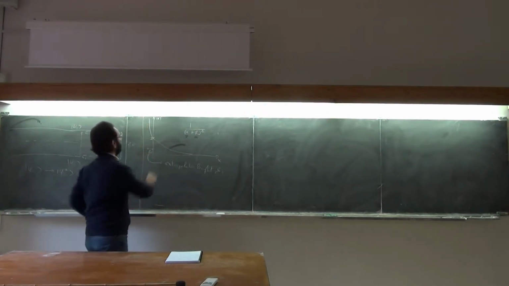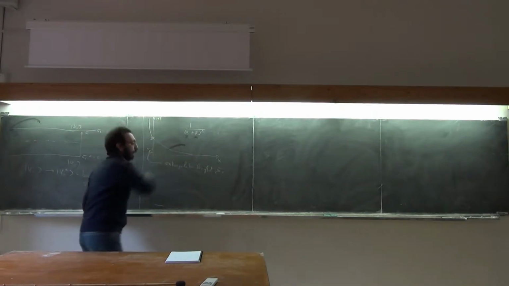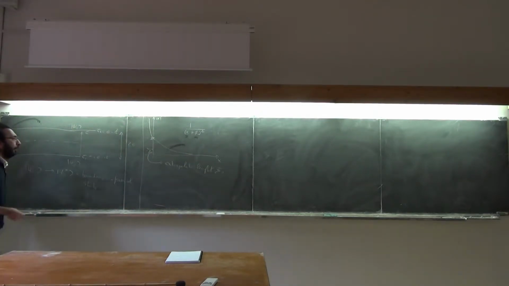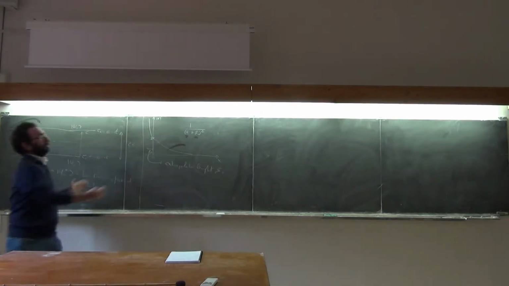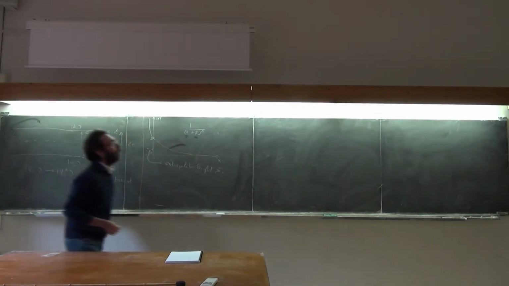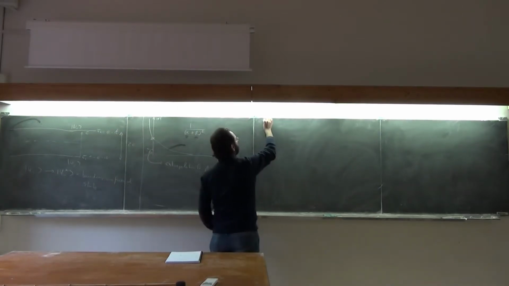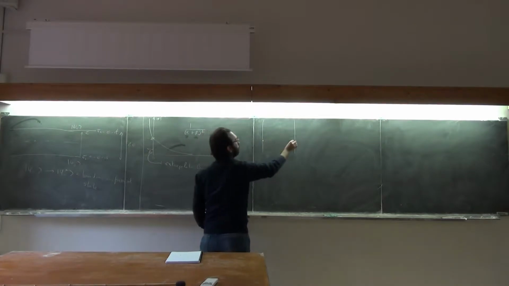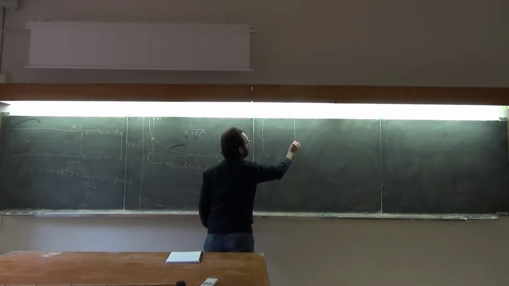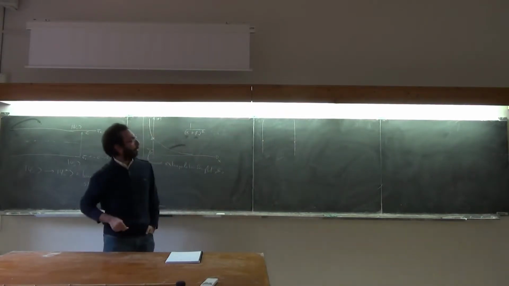For example, if we have a semi-infinite Ising model, the very same thing applies also to the case when we have a finite Ising model between two boundary conditions.